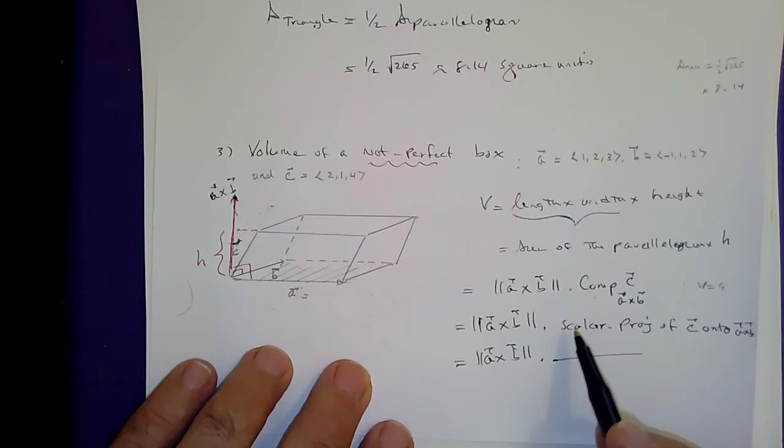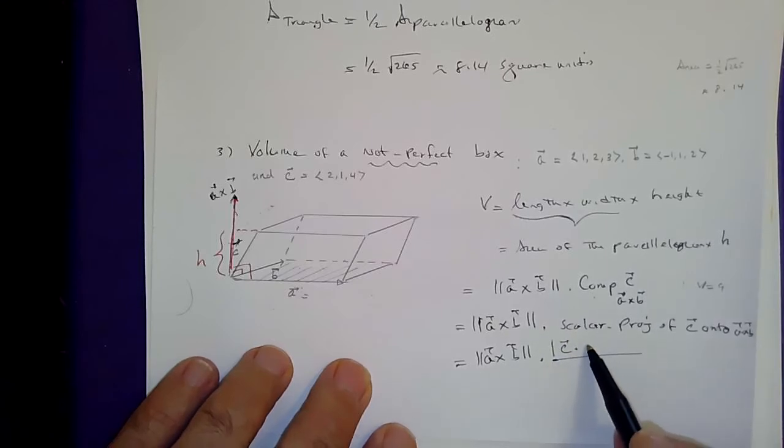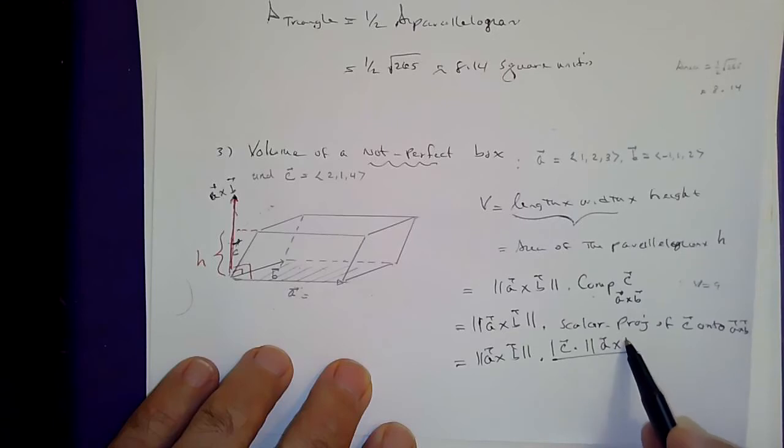It is the absolute value of C times the magnitude of A cross B.